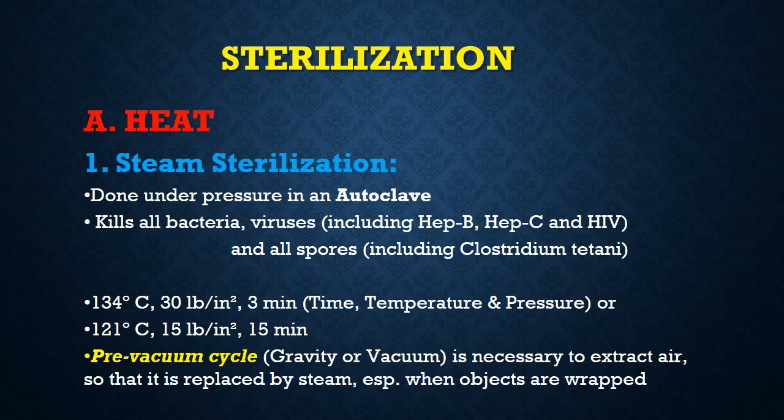So the air needs to be drained either through the pressure of the steam itself or through active suction from the instrument chamber. This is called a pre-vacuum cycle, and generally in advanced autoclaves, this is a prerequisite when you start doing autoclaving sterilization.